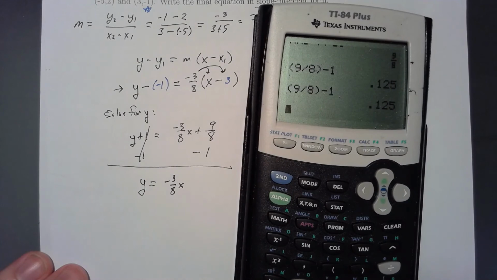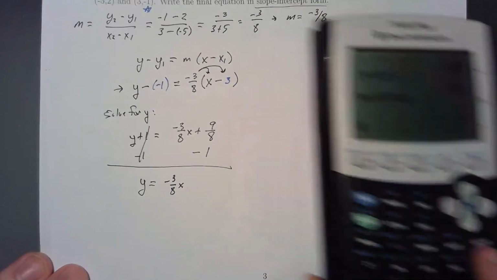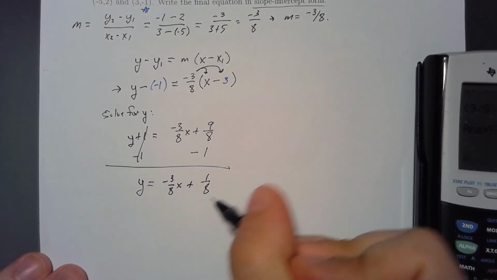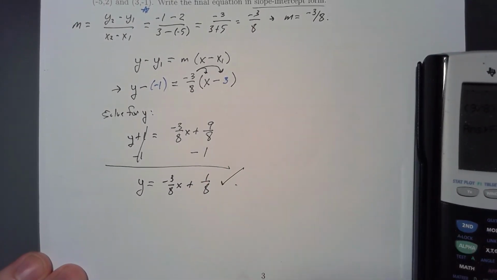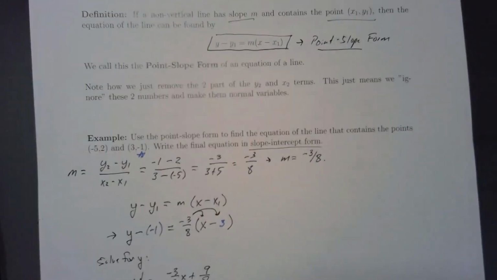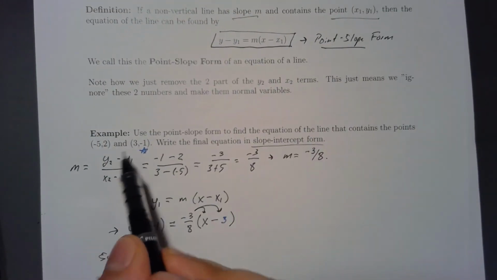But if you want to do math fraction again, you can do that. You get 1/8. And that is my equation. That's the equation that contains these 2 ordered pairs.